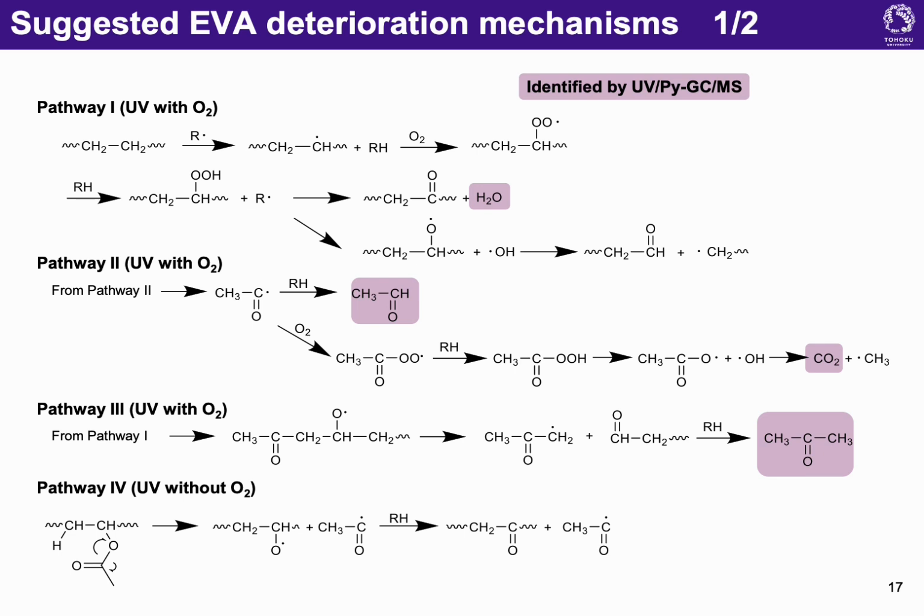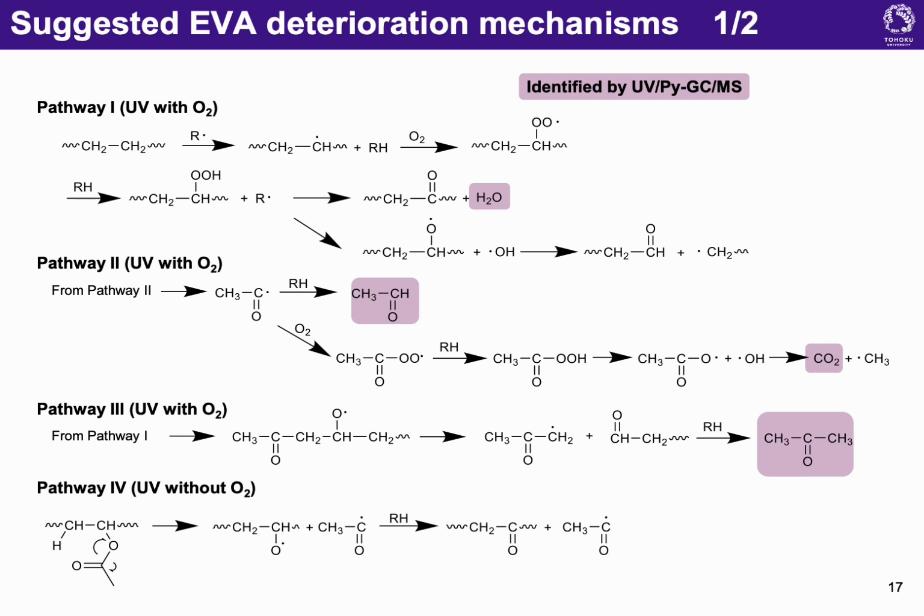Pathway 1 follows the oxidation of the methylene unit and the subsequent hydroxide cleavage, resulting in the formation of the ketone or aldehyde unit in the main chain. Additionally, UV PY-GC-MS analysis identified carbon dioxide, acetaldehyde, and acetone in the early stages of UV irradiation, which suggests progress along pathways 2 and 3.